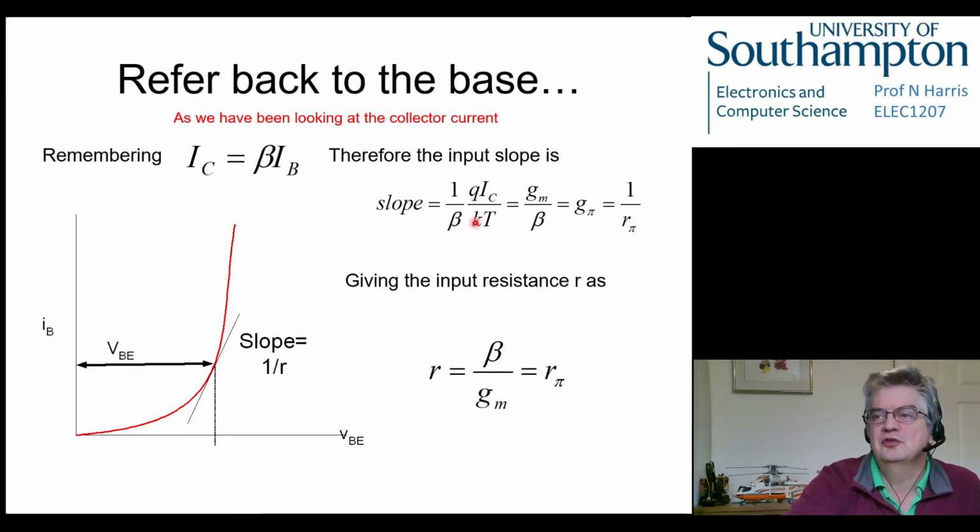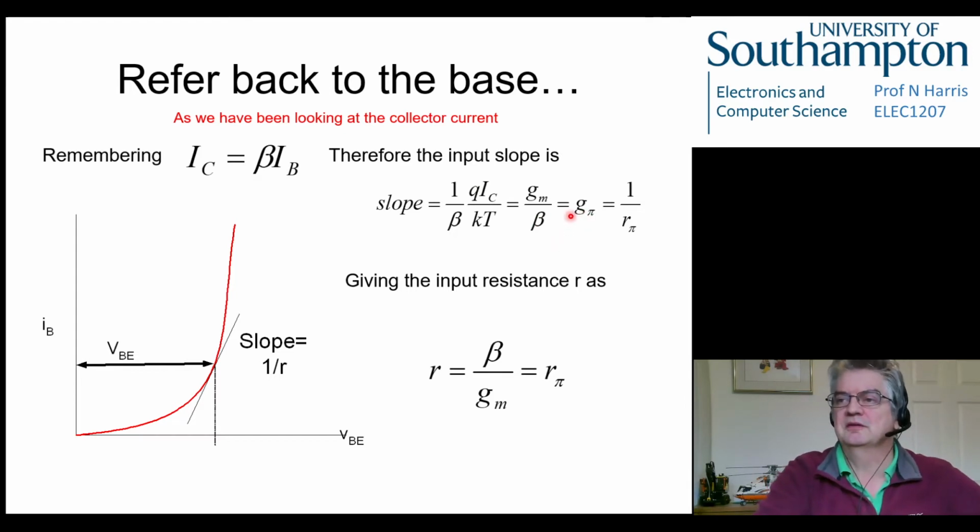So we just have to take whatever the slope was of the output curve, which was this, and divide it by beta. We're just applying this equation. So the slope of the input side becomes GM over beta, and that's just G pi if we want to carry on with our definitions like that, where pi just refers to the input side, and conductance is just 1 over resistance.